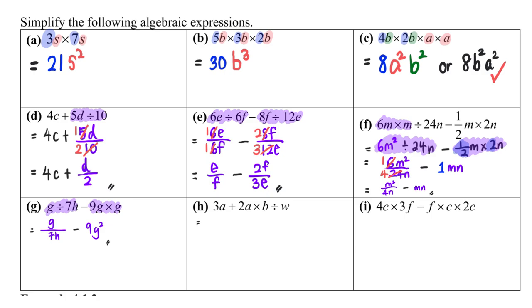H. I see a plus, I see a times, I see a divide. Yep. I do the times first. So in this case I will have 3a plus 2ab divide by w, and again, which one should I do first?